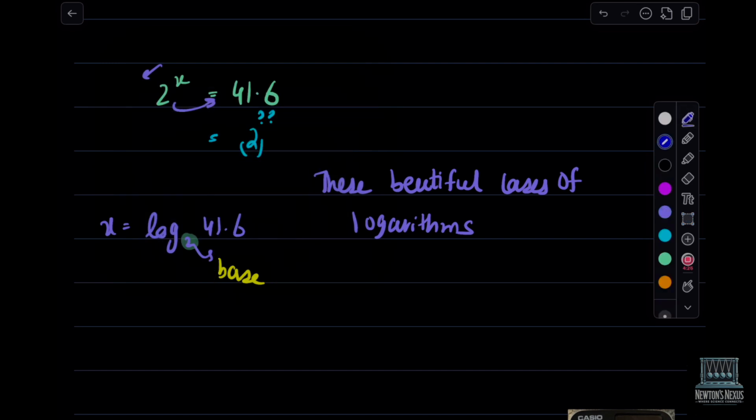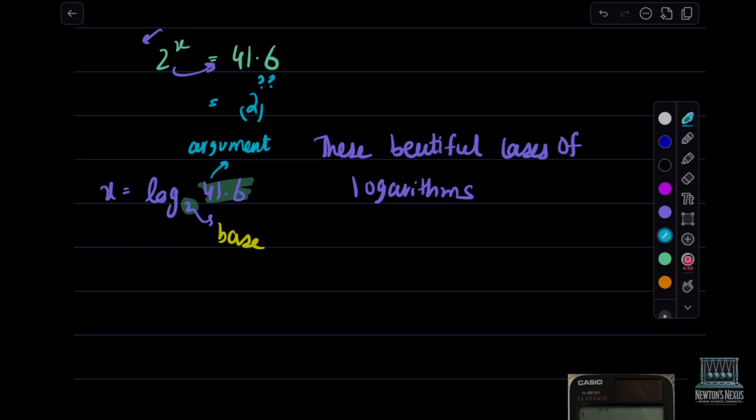And what does this 41.6 refer to? Well, it refers to the argument. It's called an argument. So overall, log with the base of 2 and the argument of 41.6.